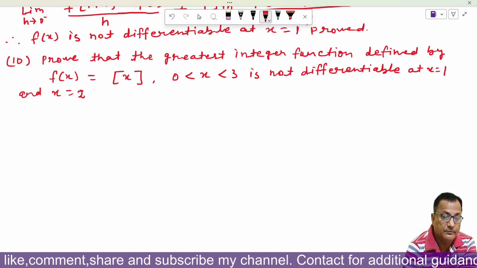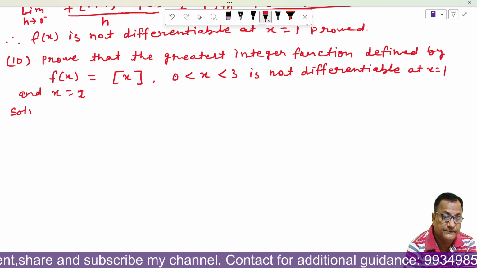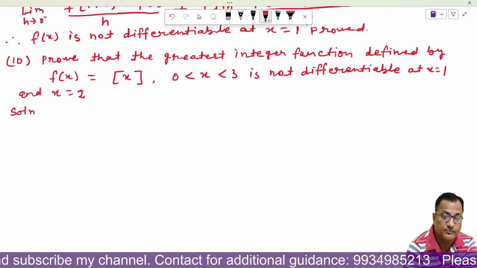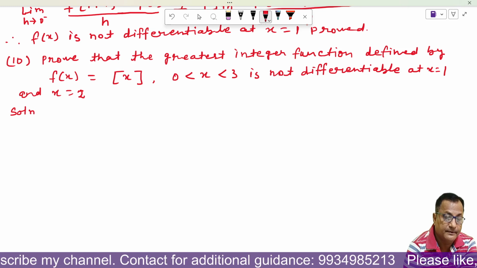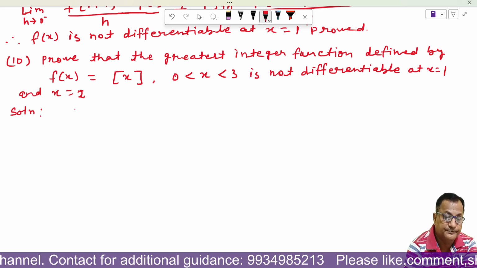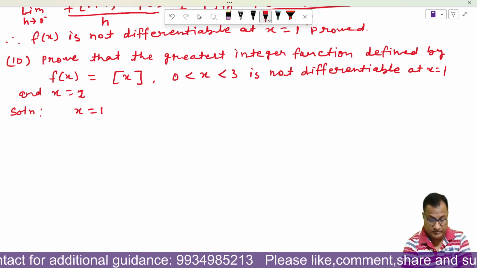So we have to check the differentiability at x = 1 and 2. So first we will check at x = 1.